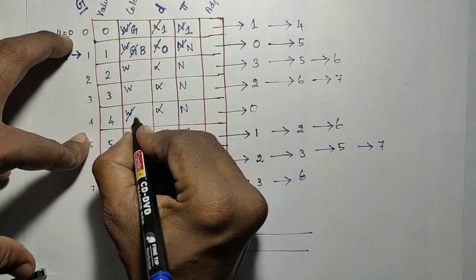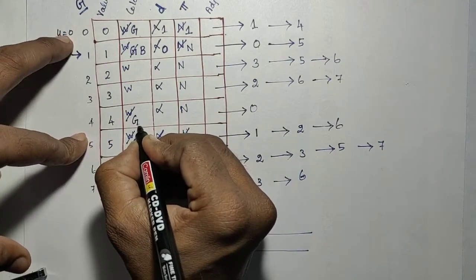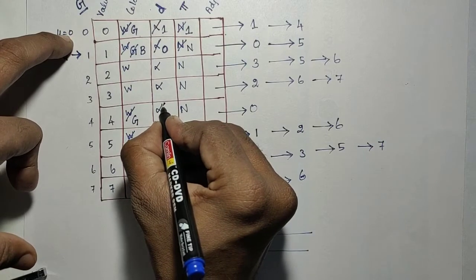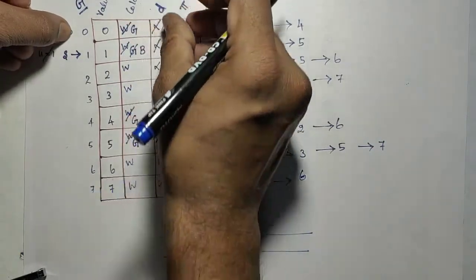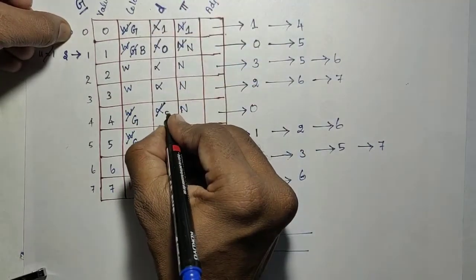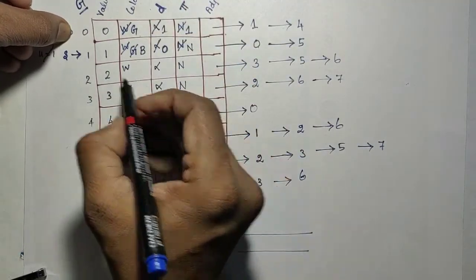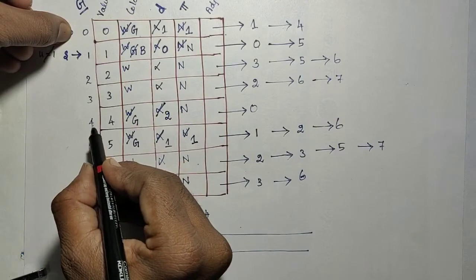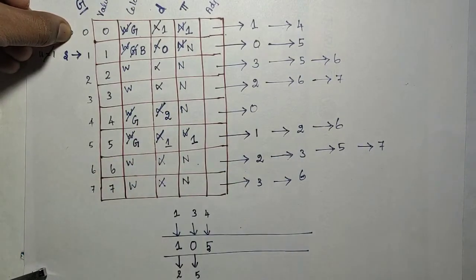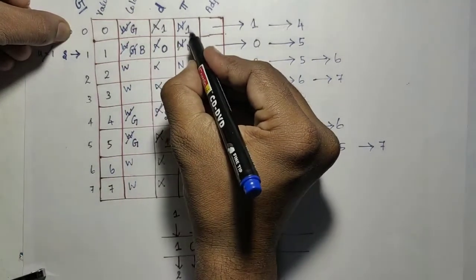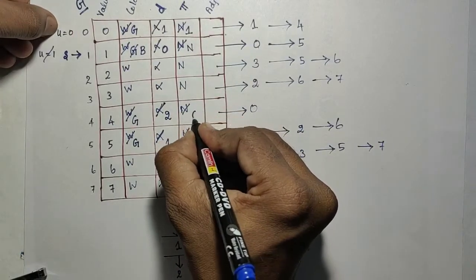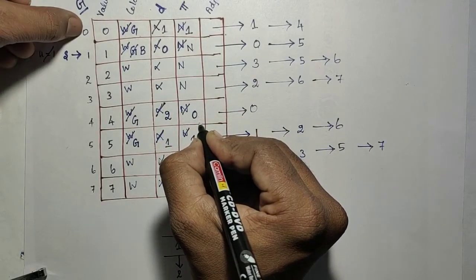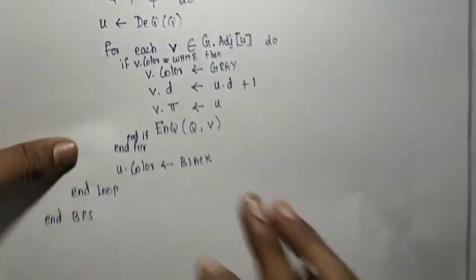Not visited means change the color. Update the distance, which is nothing but that distance plus 1. 1 plus 1 is equal to 2. It means that from 1 to 4, the distance is 2. And then the parent of that particular node is nothing but 0, so it is updated with that U.